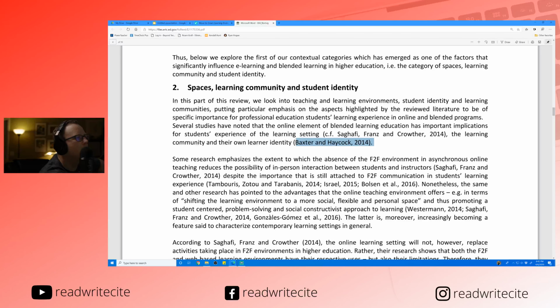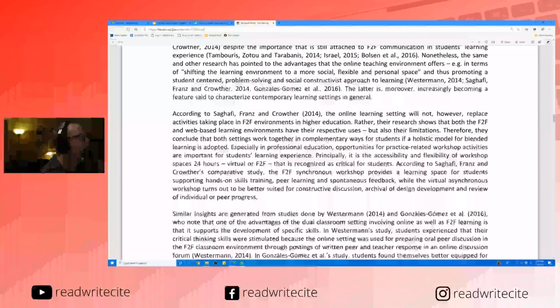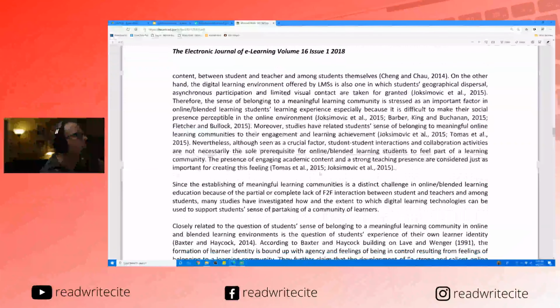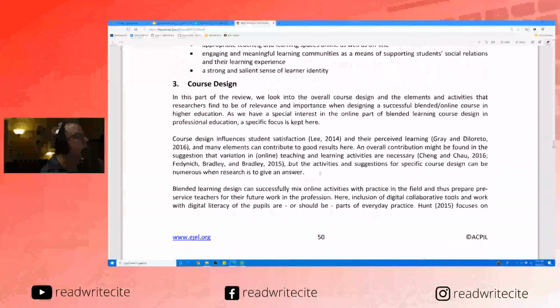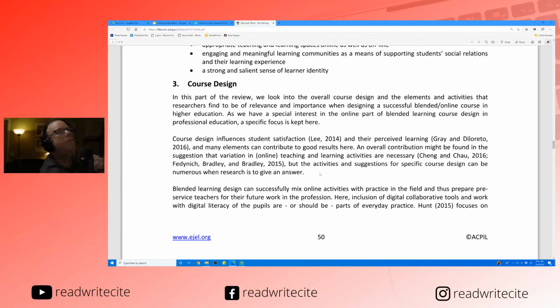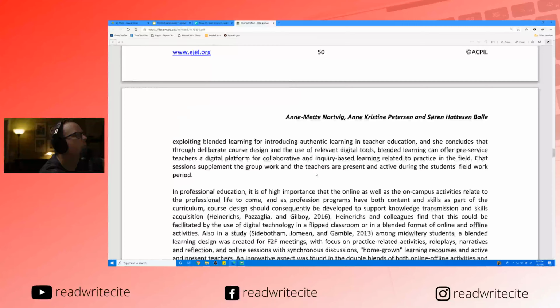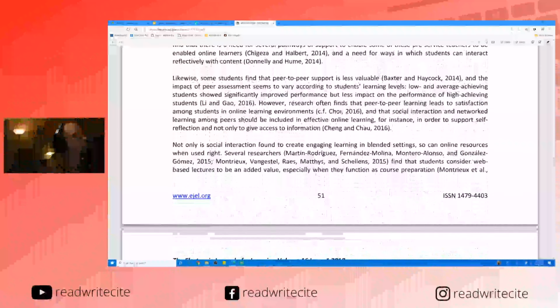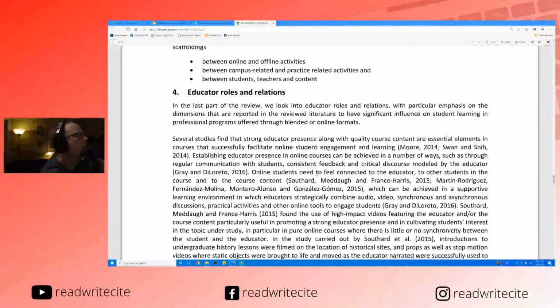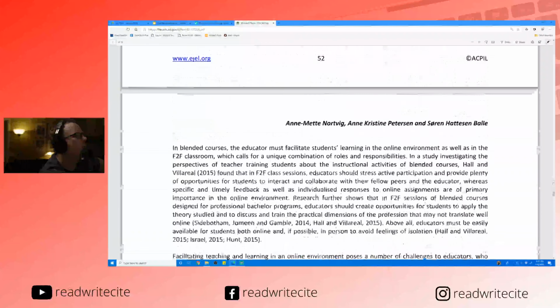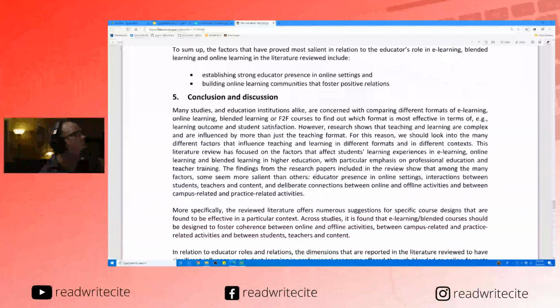Each of these parentheses here, they're different sources that they're summarizing and synthesizing. Then they have another section called Course Design, which is sources on course design, how classes were set up online. And Educator Roles and Relations. They said there were 5, conclusion and discussion.